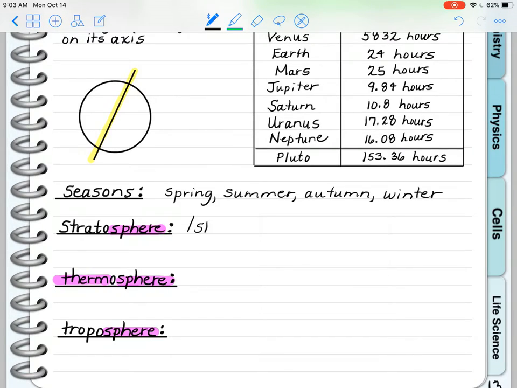Stratosphere, sphere, is the second highest layer of the atmosphere. The second highest layer.